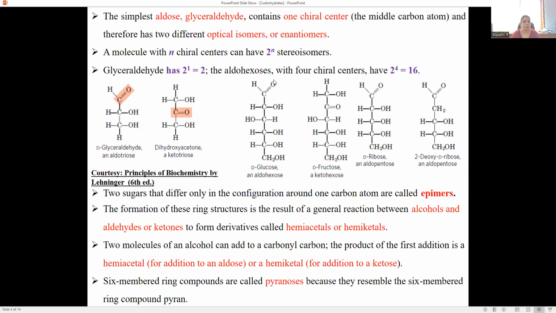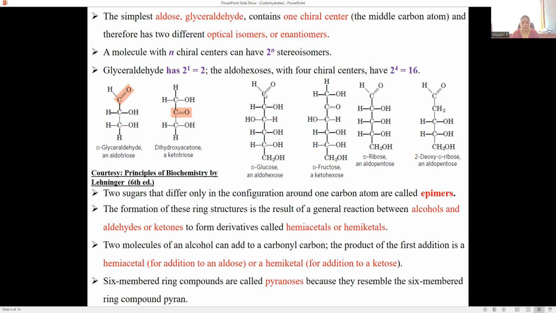Just see the diagram. Here it is 1, 2, 3, you have a 3-carbon group. This is triose. Here also, though it is a keto sugar, it has 1, 2, 3 carbon atoms. It is again a triose. But based on the functional group, you call this one aldotriose, and here, based on the functional group, you call it ketotriose.